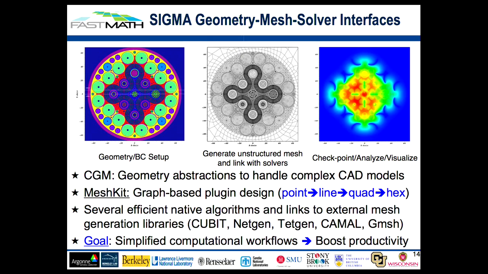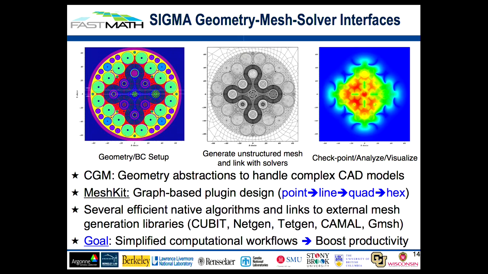So what I want to talk about here is the actual computational workflow. This is one of the general use cases where you have a complex geometry. The geometry is actually a real-world CAD model of the Advanced Test Reactor in Idaho National Lab. So you have a complex geometry, a lot of curvatures, a lot of fine features.